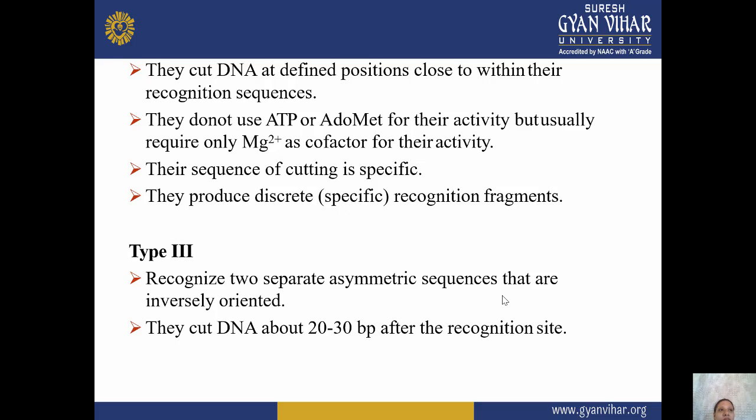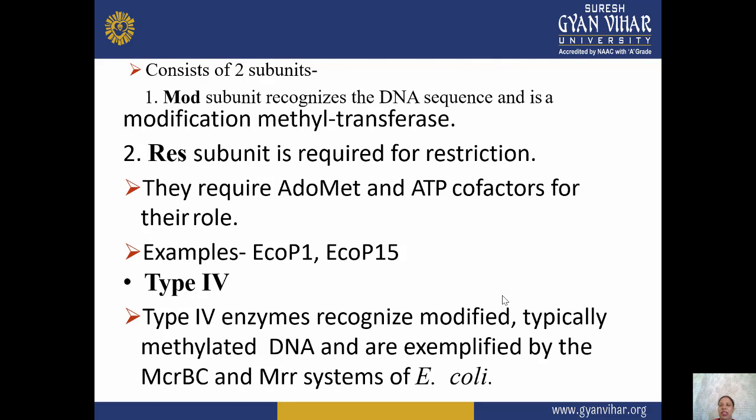In the first type we discussed that it cuts after 1000 base pairs from the 5' end, and in the second we discussed that it cuts close to the recognition sequence. Here type 3 produces cuts in the DNA about 20 to 30 base pairs after the recognition site. So wherever we need the cut, according to that we can select the type of restriction endonuclease.